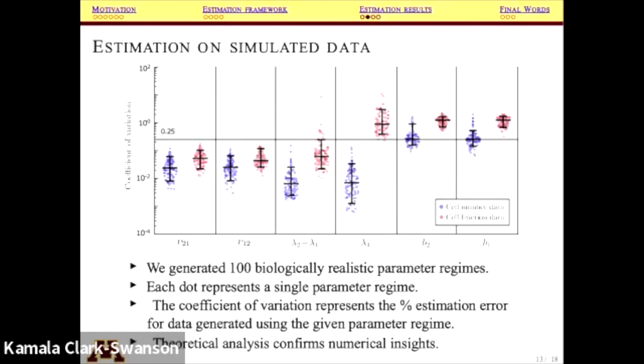And in the accompanying paper, we also did identifiability analysis, so more theoretical, which confirmed all of these numerical insights. But one very important takeaway here is that if you're interested in estimating both switching rates and growth rates, and even if you just want the difference in the growth rates, this lambda 2 minus lambda 1, you really have to use cell number data as opposed to cell fraction data.